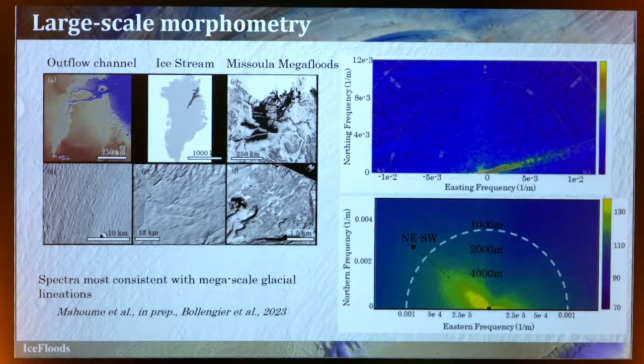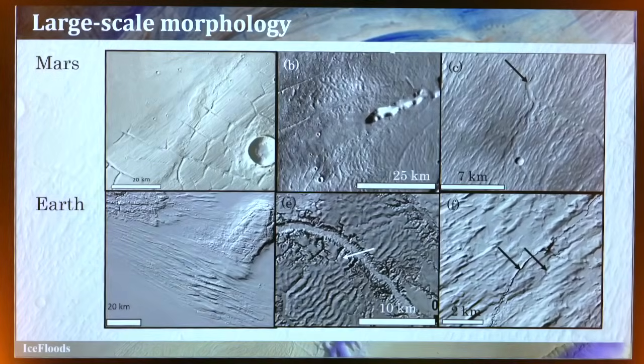So we're going to be characterizing the morphometry and the morphology of individual bed forms and the continuum of bed forms inside of the outflow channels, and interrogating what, in this case, for example, spectral characteristics, which I'm showing on the right, are most consistent with one or the other. And the last thing to do is going to be looking at the morphology. So the top are examples from Martian outflow channels, and the bottom are examples from terrestrial ice streams.